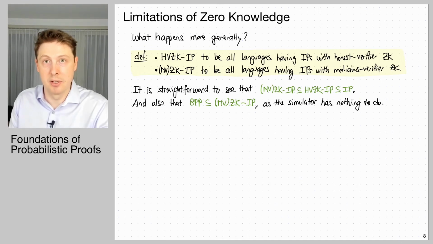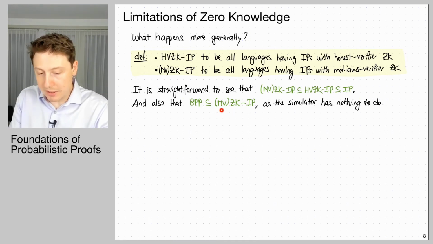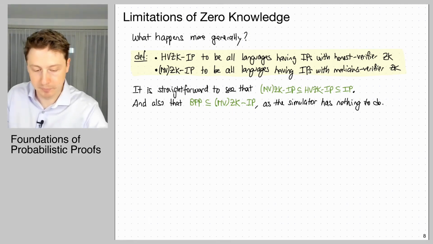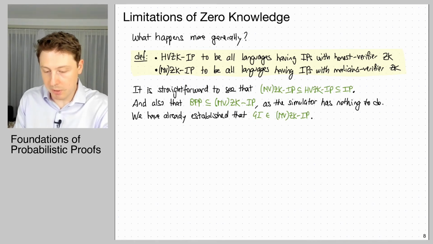The verifier doesn't have to talk to the prover. The simulator doesn't have to do anything. So it's not completely trivial. It's just trivial in a different way, in that there was no interactive proof happening. But we have established that there is something interesting because GI is not known to be in BPP, and yet we have exhibited that there is a malicious verifier zero-knowledge interactive proof.